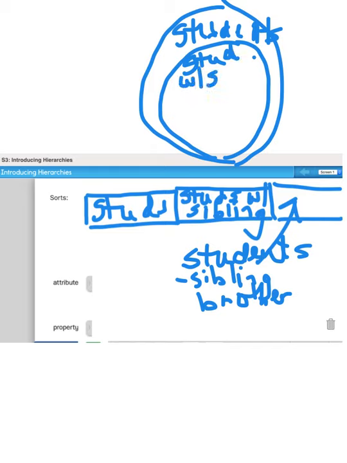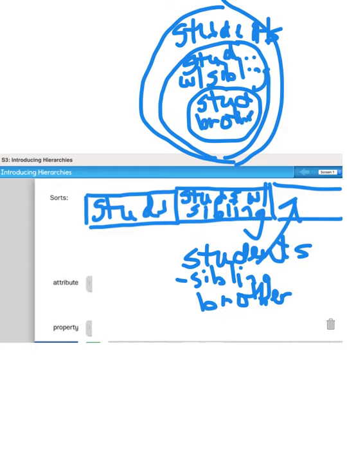And then in the smallest circle, I have just the students in my class who have a sibling that is a brother. That would be another way to represent relationships like this, is to draw a Venn diagram.